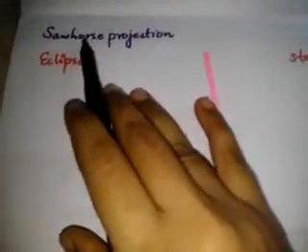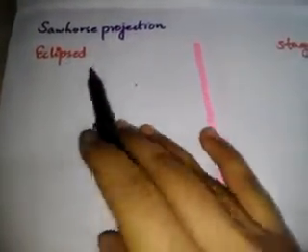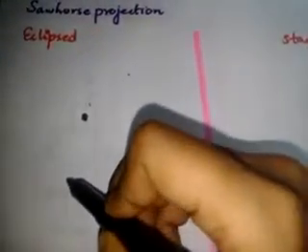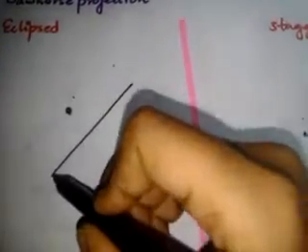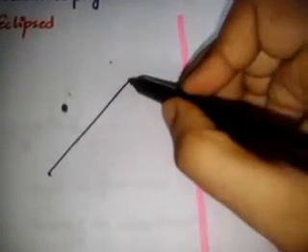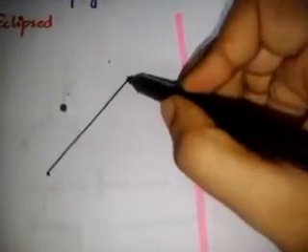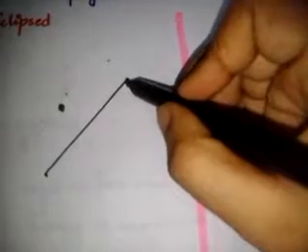Now let's look at the Sawhorse projection of eclipsed conformation. First we draw a straight line like this. This is the carbon-carbon single sigma bond. This is the front carbon, and in the upper part of this straight line, this is the rear carbon.